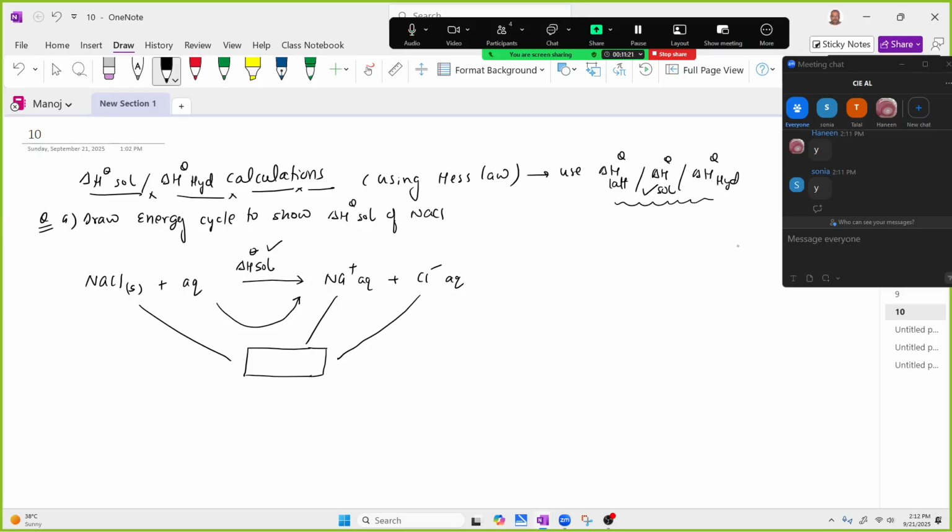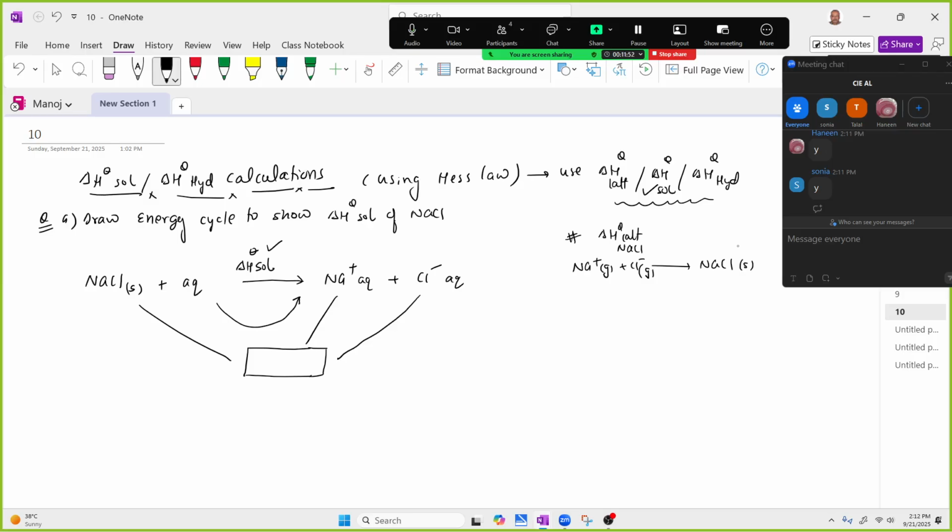When you write lattice equation, for example, delta H lattice for sodium chloride, you used to write NaCl solid on the right, but who was on the left? Just check the equation, please, quickly. You will find Na+ gas and Cl- gas was on the left. Did you remember? Give me yes or no.